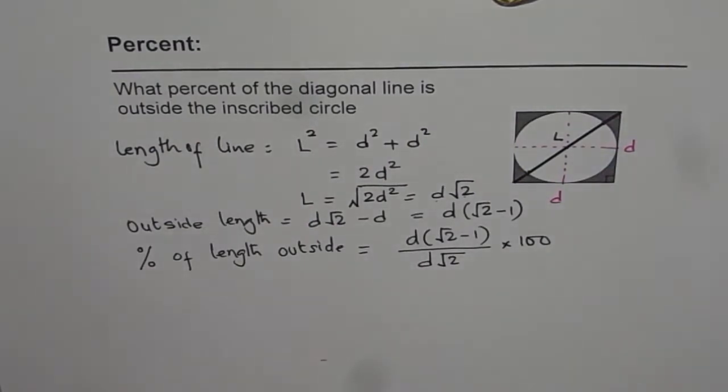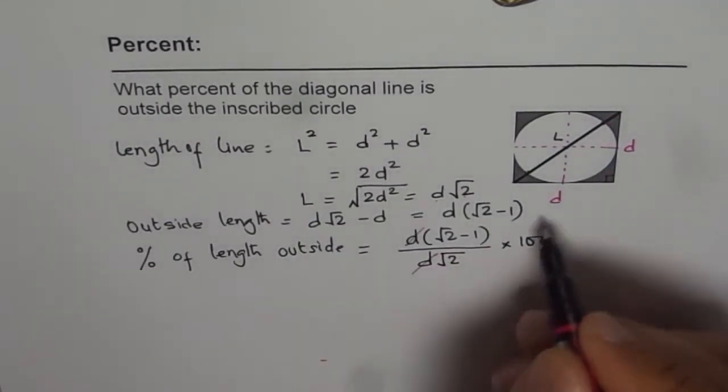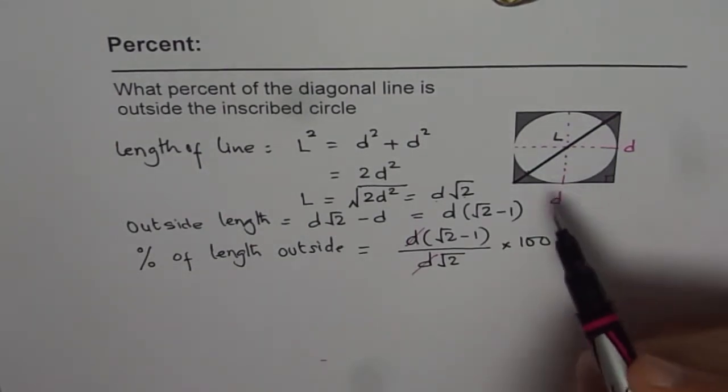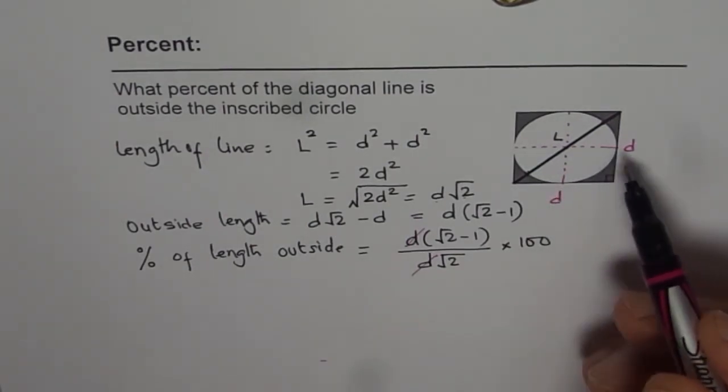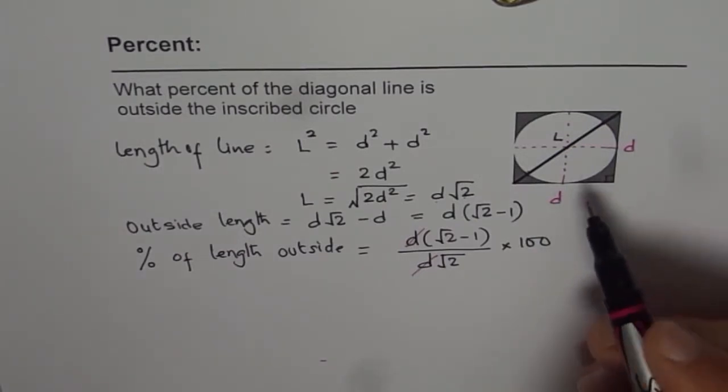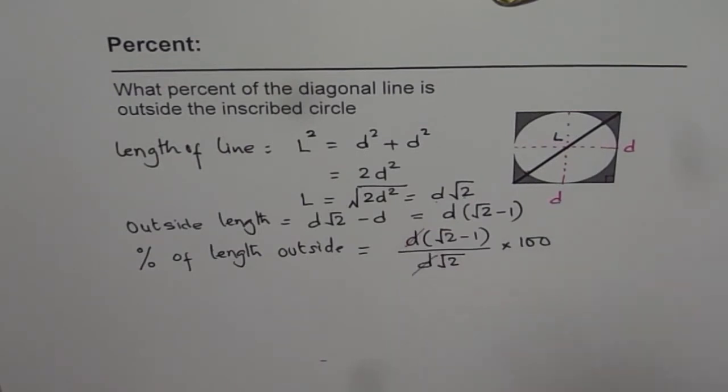Now the d, the diameter which we assumed to be d, cancels out. So whatever value we take here, it works. You could have taken just the number 1, for example. That could have simplified our solution by a large extent. 1 could have worked far better than d. Anyway, now we have square root of 2 minus 1 divided by square root 2 times 100 as our answer.